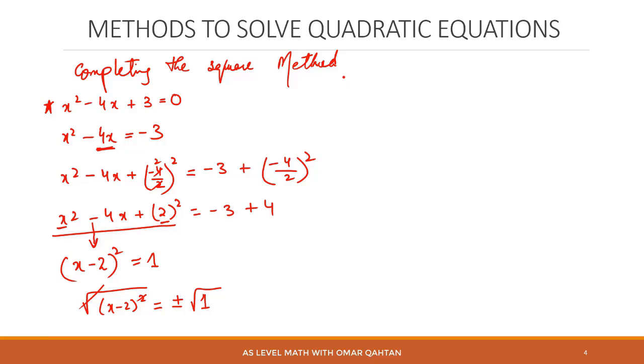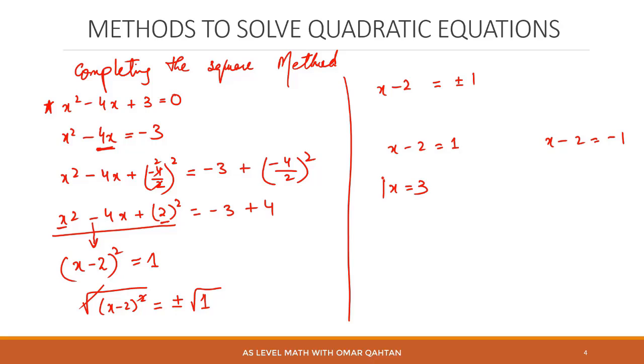So we have over here x minus 2 is equals to plus minus 1, because root 1 is equals to 1. So x minus 2 is equals to plus 1 and x minus 2 is equals to minus 1. On simplification we get minus 2 will go to the right side, so x equals to 3, and x is equals to 1 only.